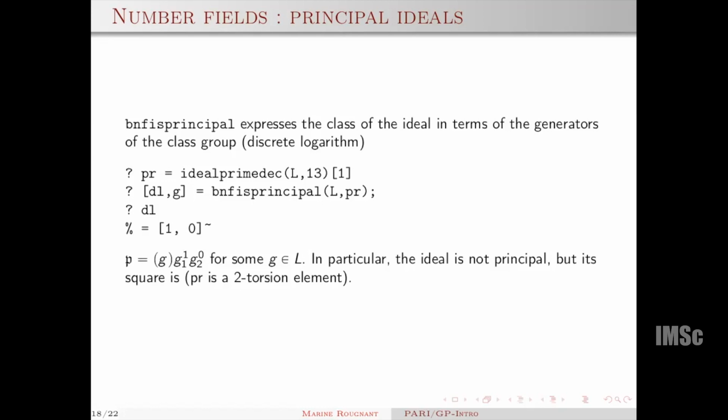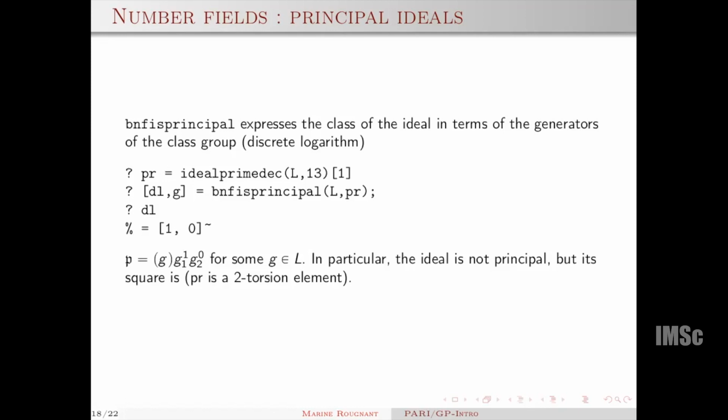is the list of the exponents with your system of generators. So here it's G1 to the 1 times G2 to the 0. And the second term here is an ideal that you may have to multiply with.